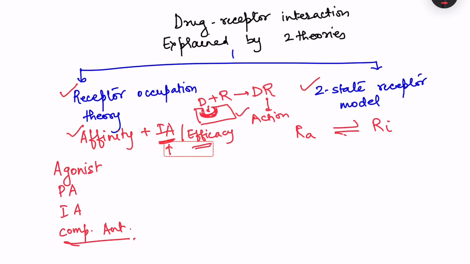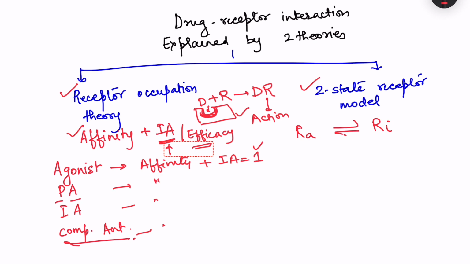When we talk about an agonist, yes, it has affinity. In fact, all these drugs have affinity. They are going to bind at a certain site on the receptor. An agonist has affinity plus intrinsic activity equivalent to that of the ligand present in the body, so intrinsic activity is equal to 1, which is basically the same as the ligand present in the body. Then we have partial agonist.